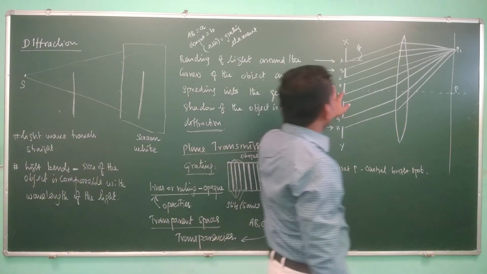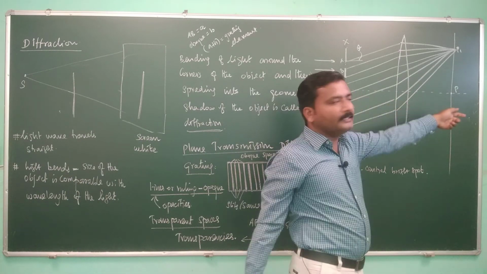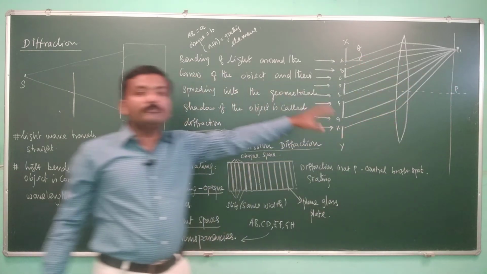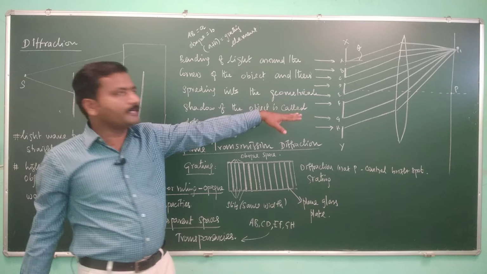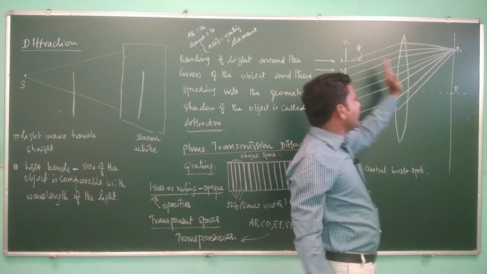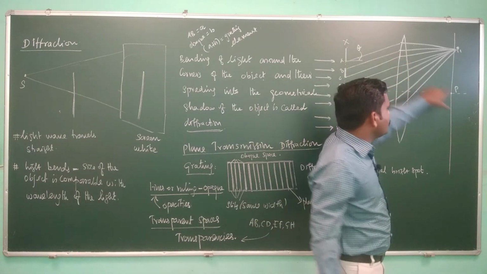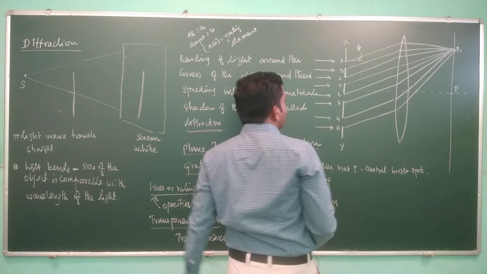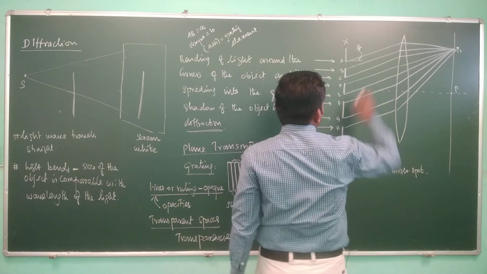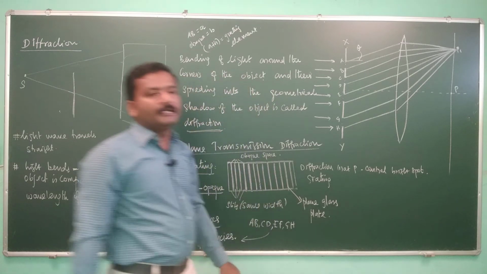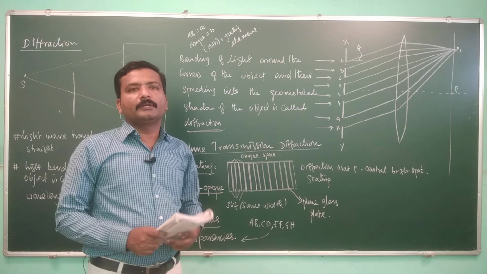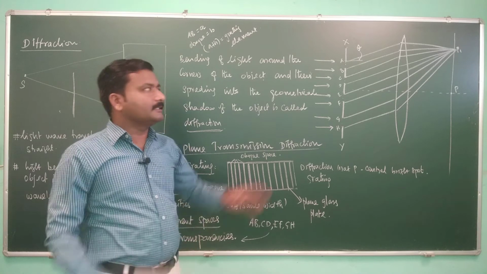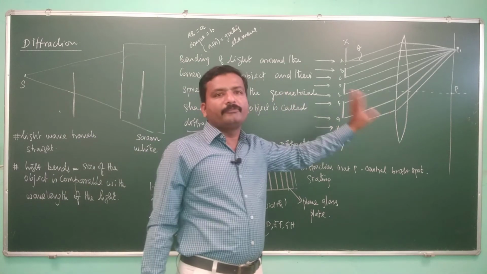Now when the light ray travels in a straight line and is focused at P, all the light rays come in phase. There will be no phase difference when the light rays travel straight and are focused by the lens to the point P. But if the light ray deviates from the straight line path, it will have some path difference, so there will be some phase difference as well.